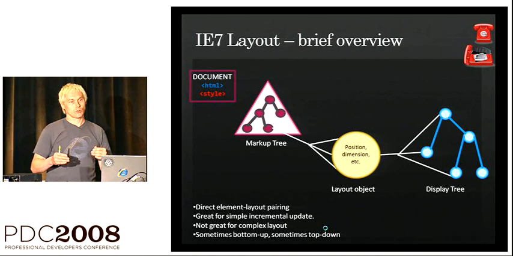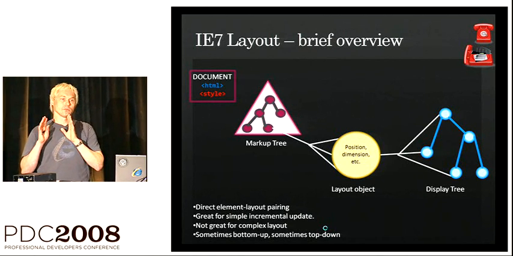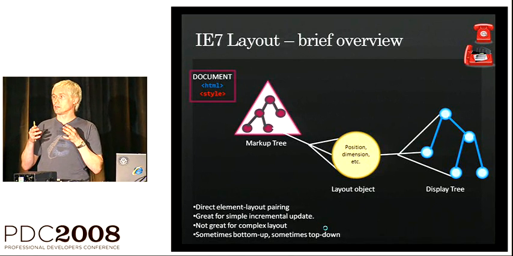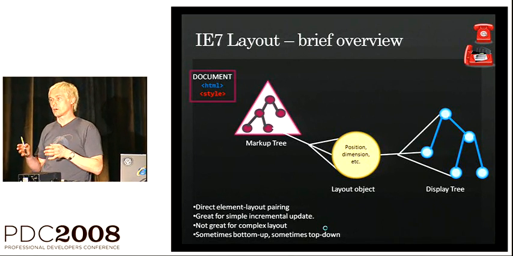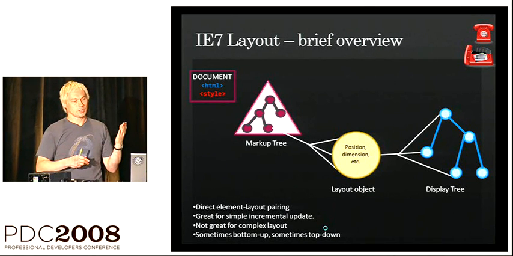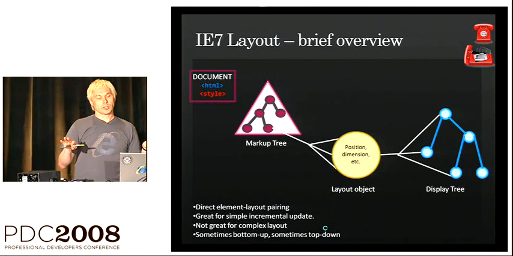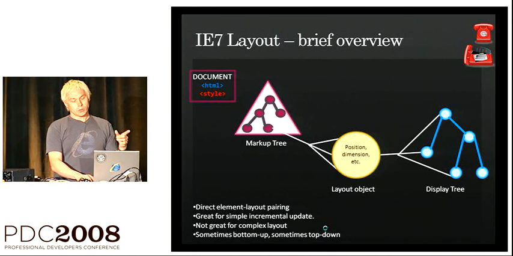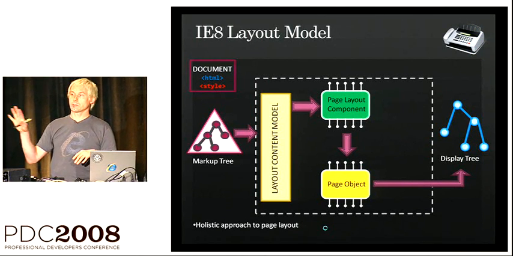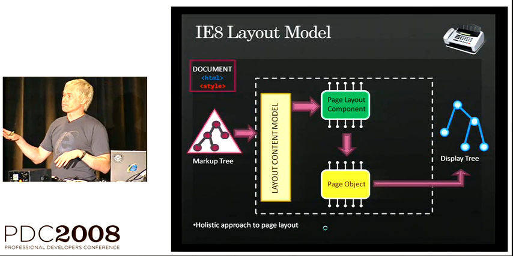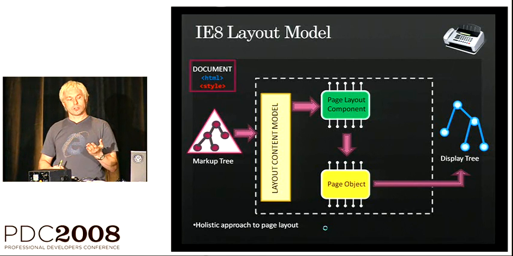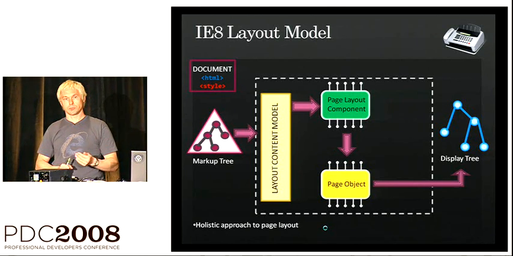Like if something has a scroll bar, that is a display tree feature, and anything can have a scroll bar. An image can have a scroll bar, a table can have a scroll bar. That code doesn't need to be rewritten many times. So we're quite happy with this separation. Now we can take pretty much the same markup tree, the same display tree, and put an entirely different layout engine in between them.